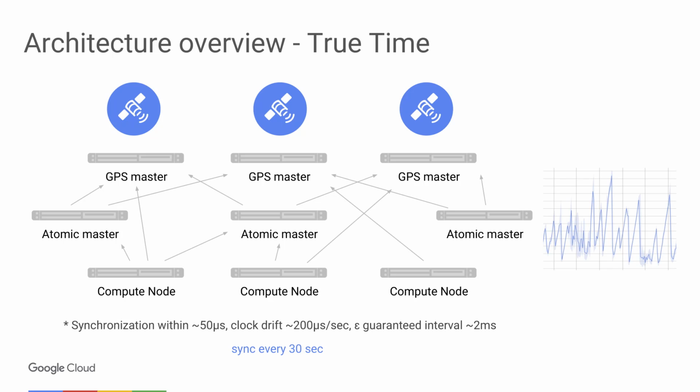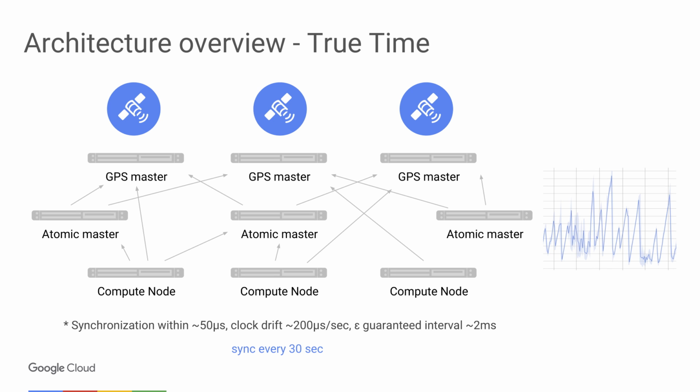To synchronize our atomic clocks, we use GPS time masters in our data centers. These are synchronizing our atomic clocks. And when we get a TrueTime for Spanner, but also other use cases in the Google Cloud Platform, we ask a subset of time masters, so the GPS time masters and atomic clocks.